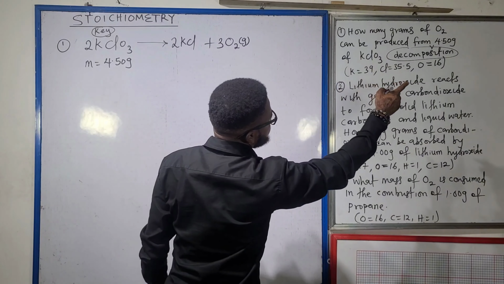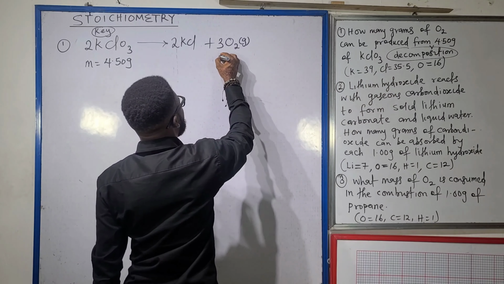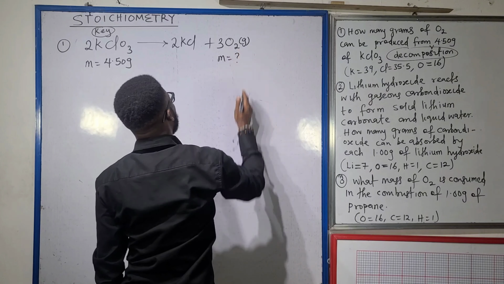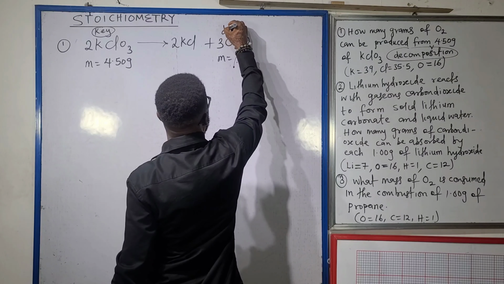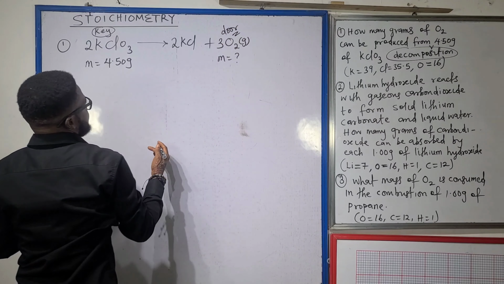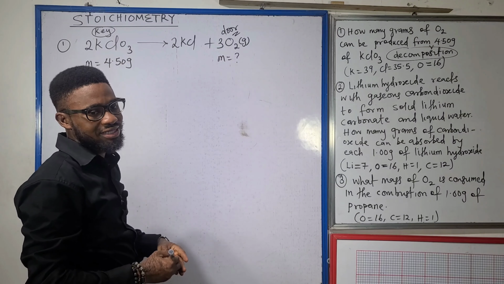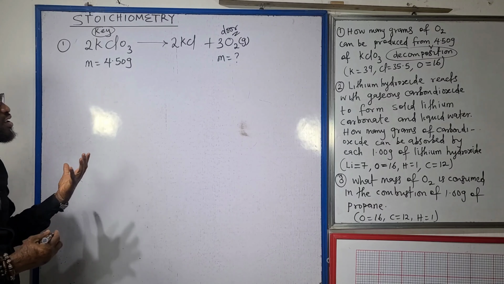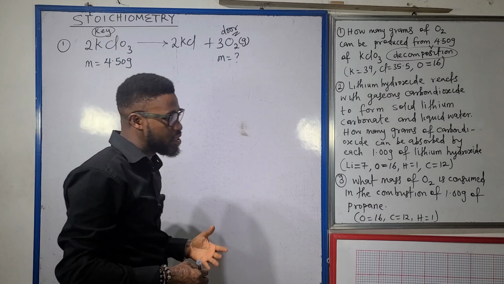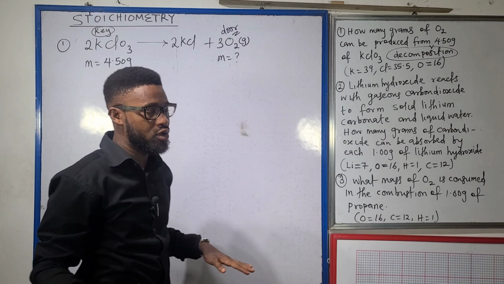How many grams of oxygen? So I am looking for the mass of my oxygen, and that invariably makes this my door. But look at it. If I don't have a balanced equation, then there is nothing I can actually do. Every other effort I put in is nil and void.